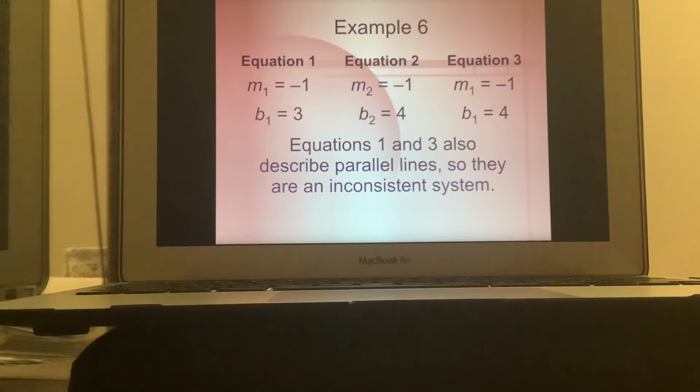Now take a look at equations 1 and 3. These also describe parallel lines because the slopes are the same, so they are an inconsistent system.